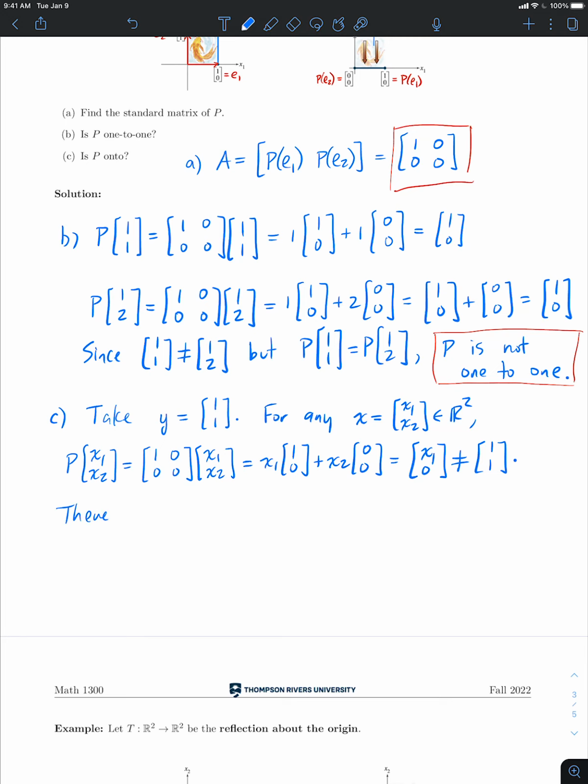So therefore, let's be really clear and say y, this vector here that we picked, and again, anything that had a second coordinate that's non-zero would have worked. We didn't have to pick this vector, right? So y is not in the range of P. So P is not onto.